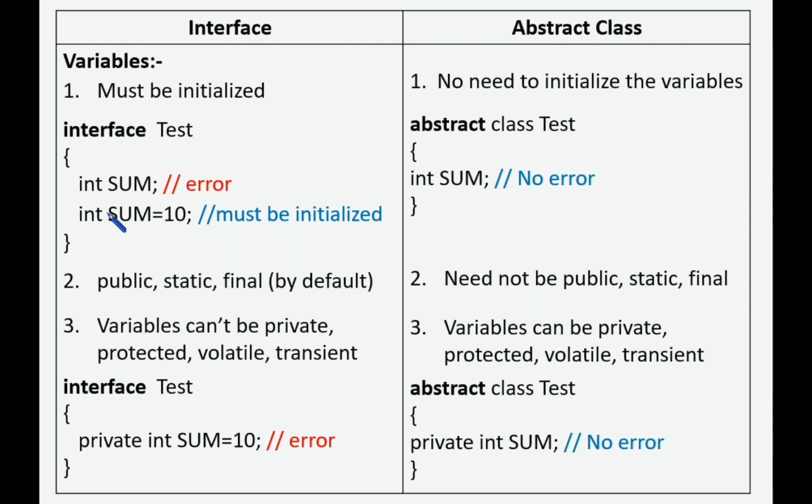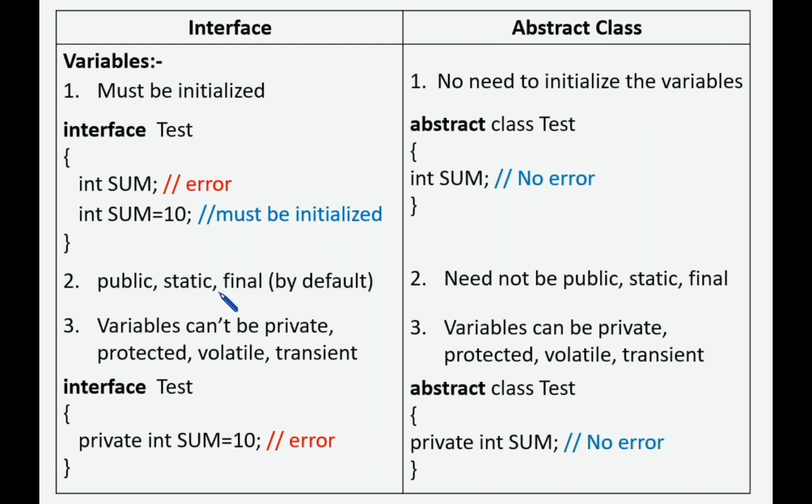Whereas if I give int sum equal to 10, now this is correct. Whenever we use a variable inside an interface, it should be initialized. Whereas in case of abstract class, no need to initialize the variables. So int sum is correct in case of abstract class.